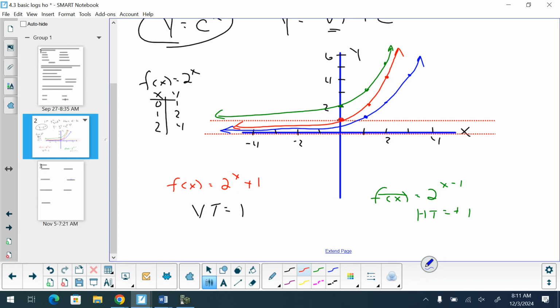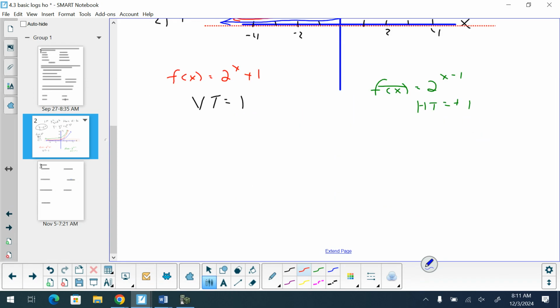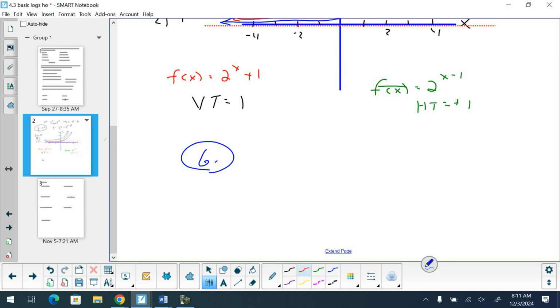We take a look at problem 6 real quick. We want to get this to be like bases. Okay, so we have the values 9 and 27.